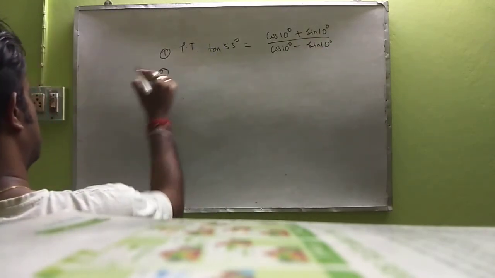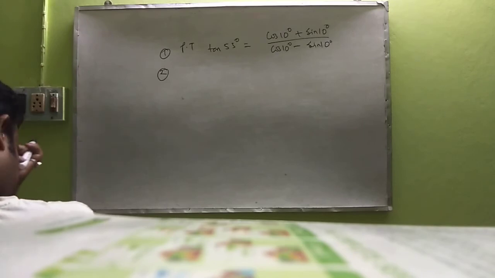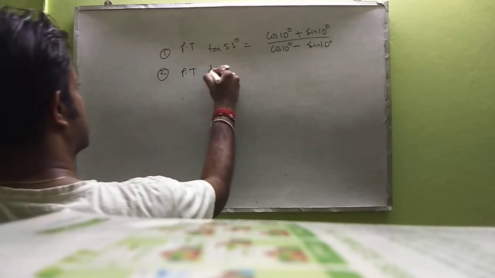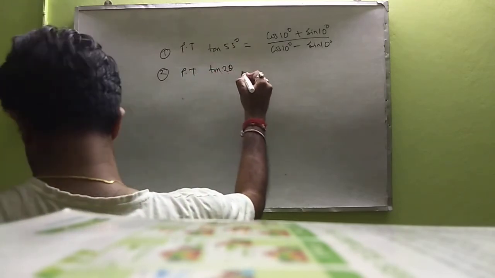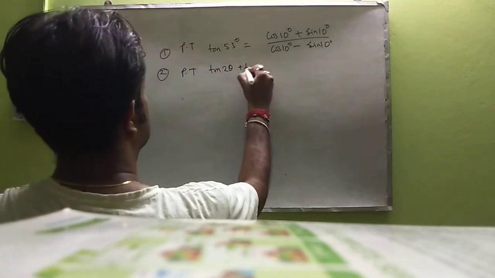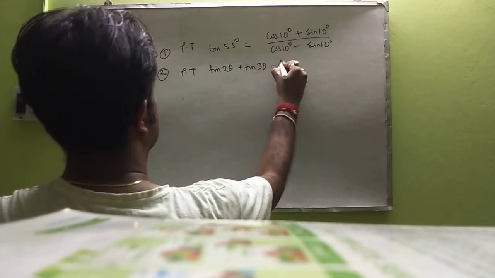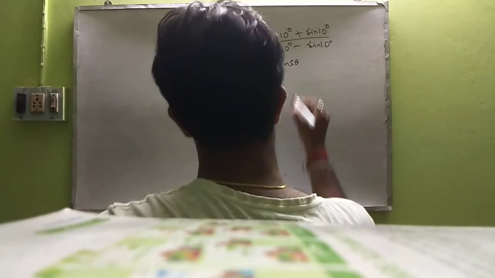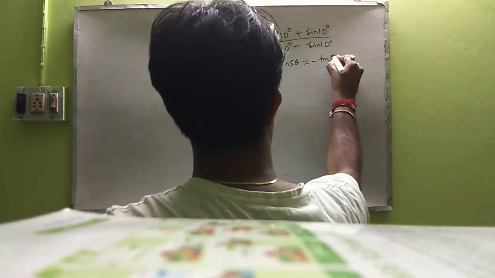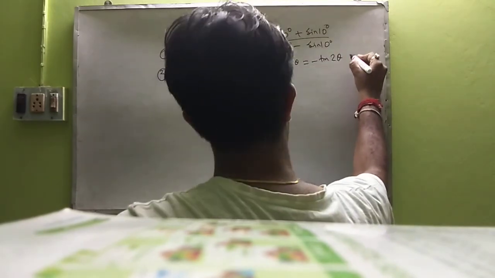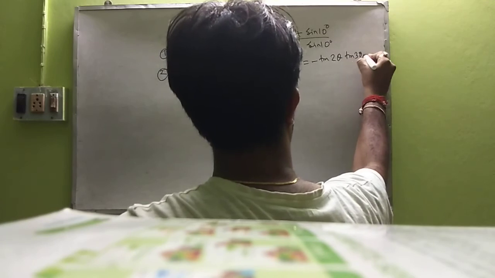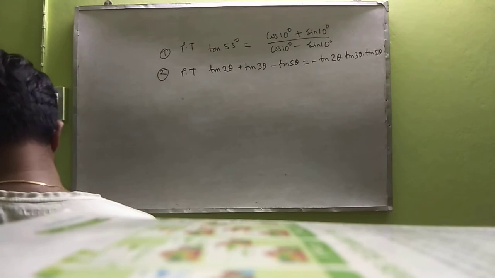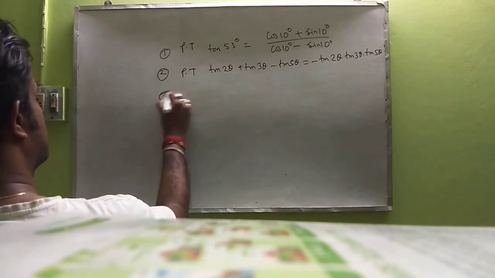And prove that tan 2 theta plus tan 3 theta minus tan 5 theta is equal to minus tan 2 theta tan 3 theta tan 5 theta.